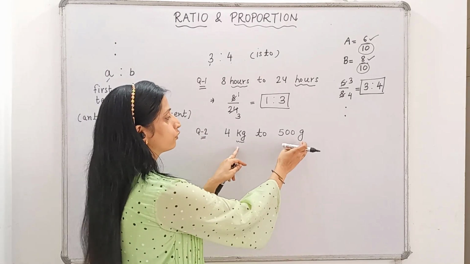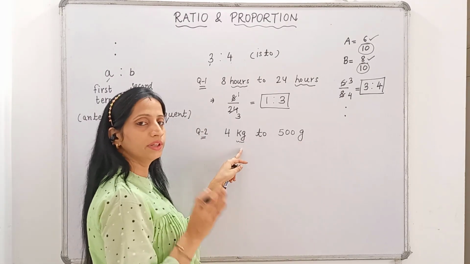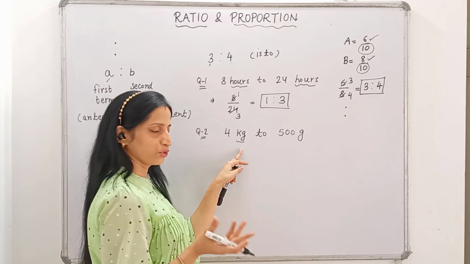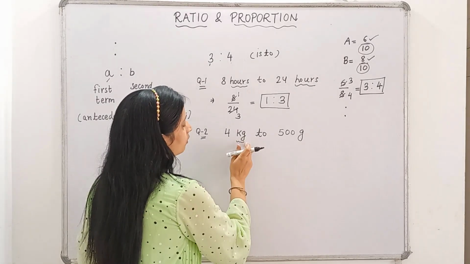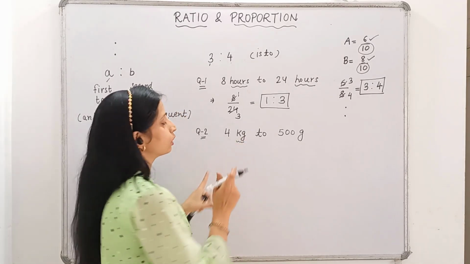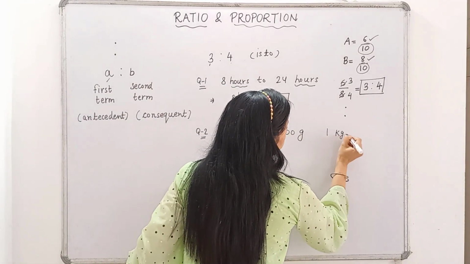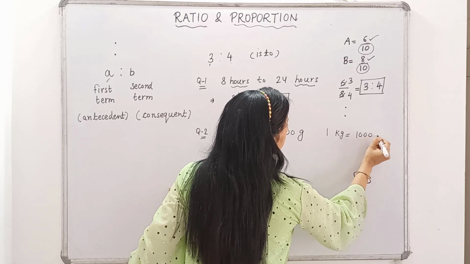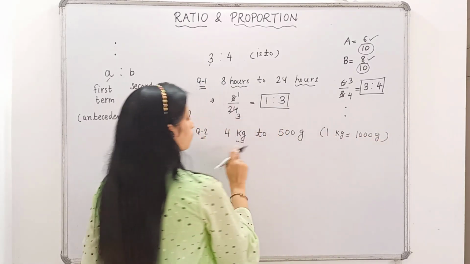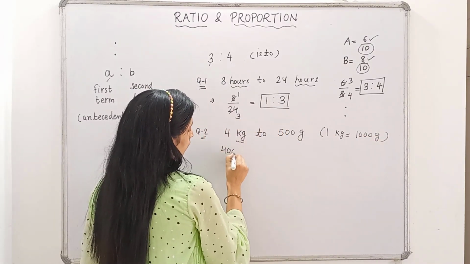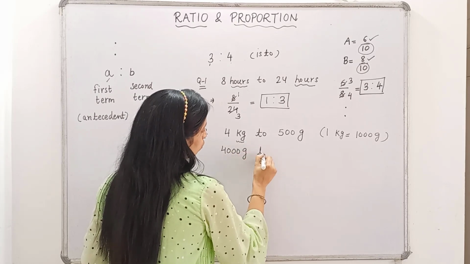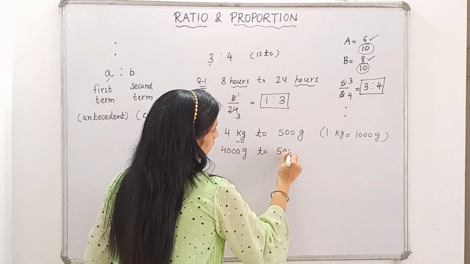So first we have to make them equal, then only we can compare and find out the ratio. So 4 kilogram will be equal to how many grams? It will be equal to 4000 gram, because 1 kilogram is equal to 1000 gram. So it will be 4000 gram to 500 gram.